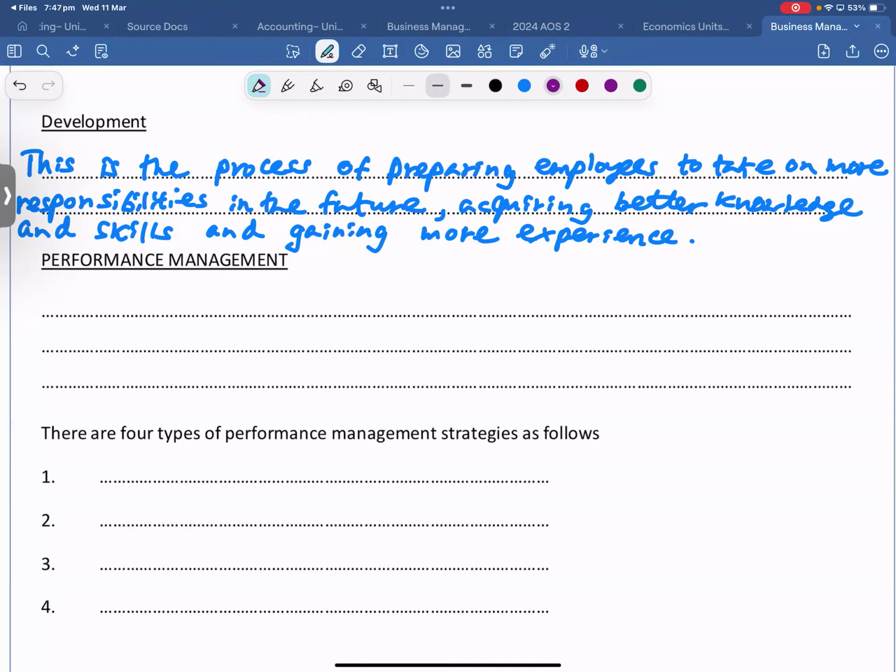Right. So we have 4 types. Yeah, you said at the beginning there were 4 types. Do you remember? Okay. What are the things you remember? Management by strategies. Management by objectives. Yes. MBO. Yeah. Self-evaluation.